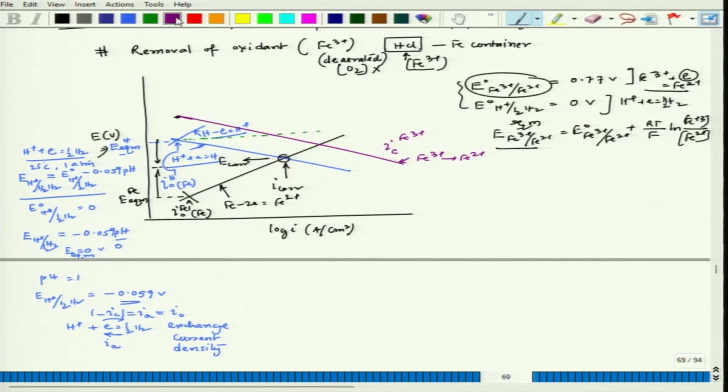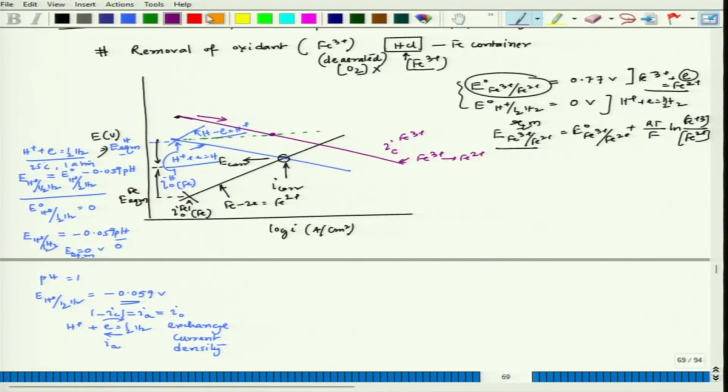So when the polarization happens for Fe3 plus to Fe2 plus, it experiences another cathodic process. So it is to be added up, so that we can have a mixed potential where the total rate of reduction, that means the i_c corresponding to hydrogen evolution and the i_c corresponding to Fe3 plus reduction, these two, if we add them up, that current density should be equal to i_a for the iron dissolution from the iron plate. So it comes and then it adds up there.